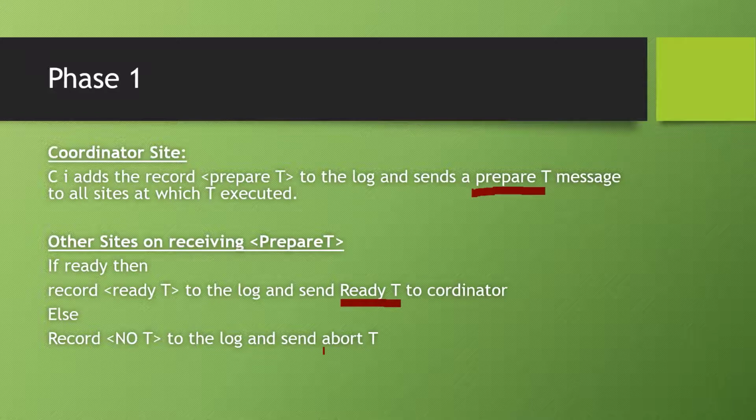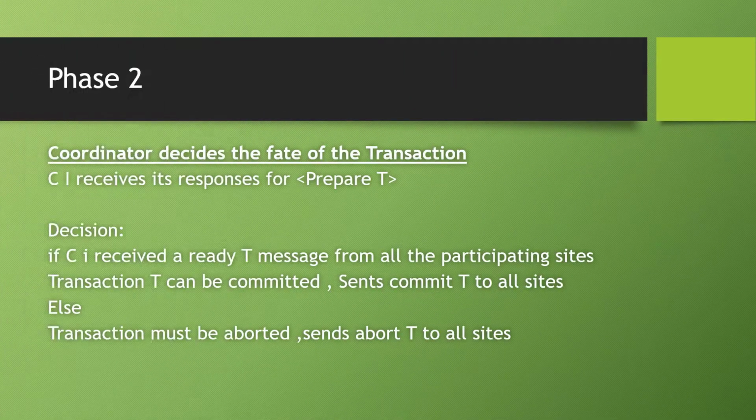If it is ready and can be committed, then it writes ready T to the log and sends a message ready T. If not, it writes no T to the log and sends abort T to the coordinator. Now, what does the coordinator do? Deciding the fate of the transaction is done in phase 2.